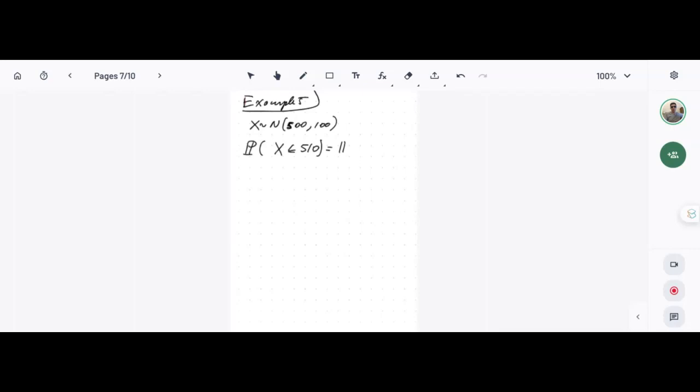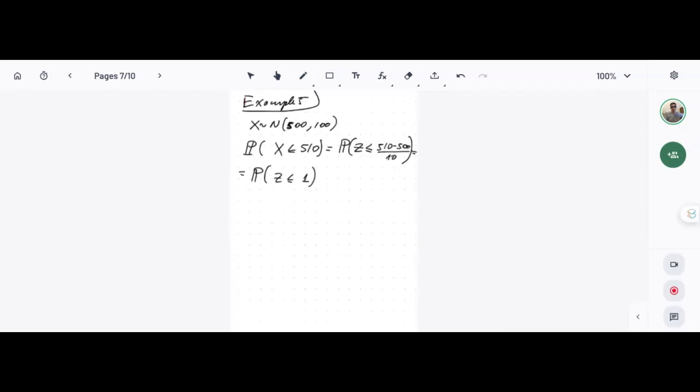You can apply the standardization technique. This is the same thing as having standard normal variable being less than or equal to (510 minus mu) divided by the standard deviation, which is 10. That is the same thing as the probability that Z is less than or equal to 1.